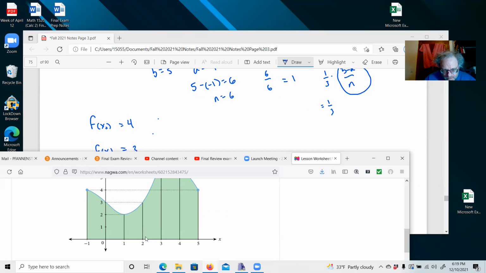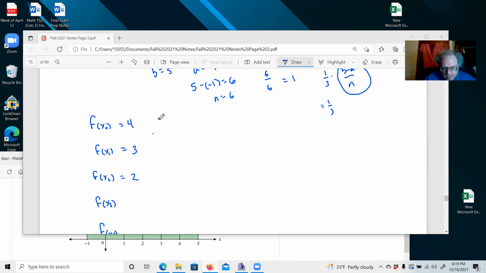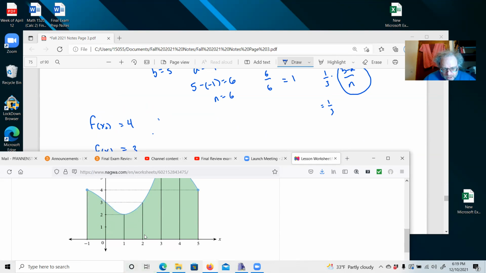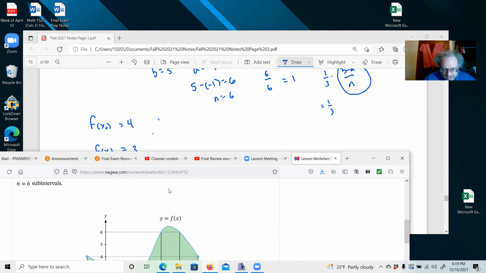So here 2. Go up 1 more x, that's going to go back up to 3. F of x2, oh yeah, it's 3. Okay, next one up is going to be at 6.